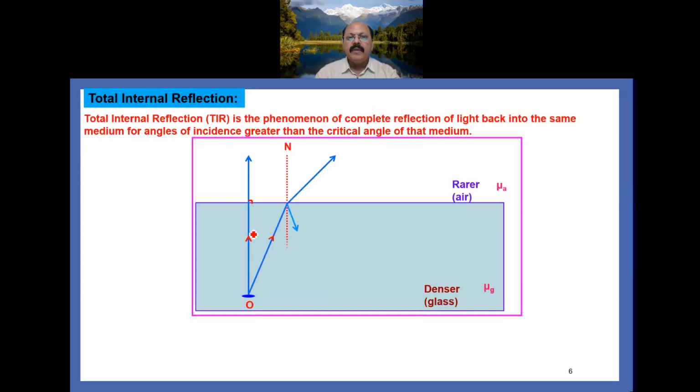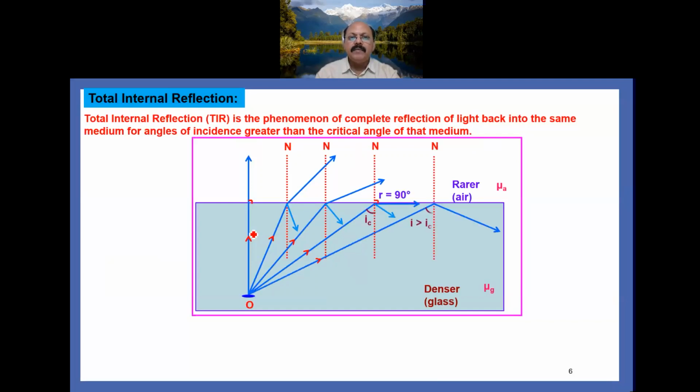Another ray which is incident makes an angle say i, and when it is incident onto the interface, then it gets refracted, and this refraction makes the refracted ray move away from the normal.